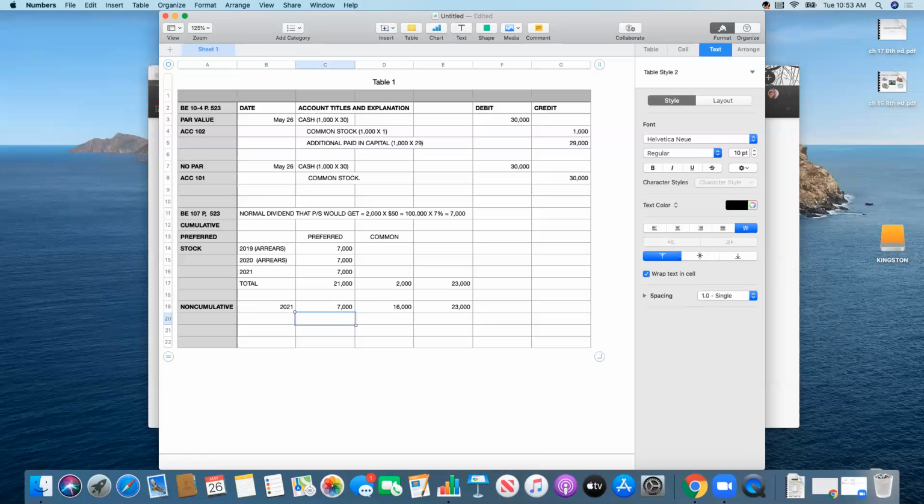So you see how nice it is to have that cumulative feature if you're an investor? If you didn't have it, you would only receive 7,000. You would have gotten nothing for 2019 and 2020. And the bulk of it would have gone to the common. The fact that it's cumulative makes it just the opposite, doesn't it?